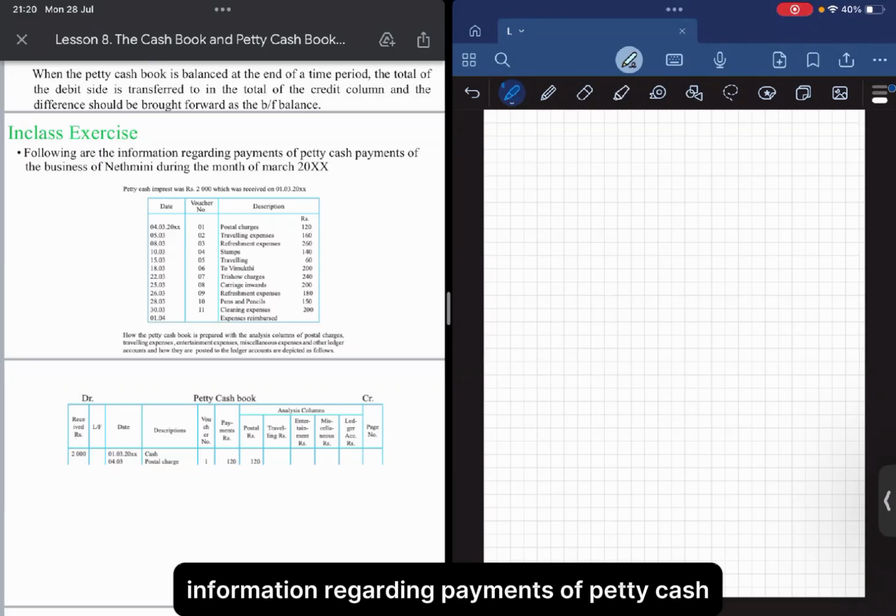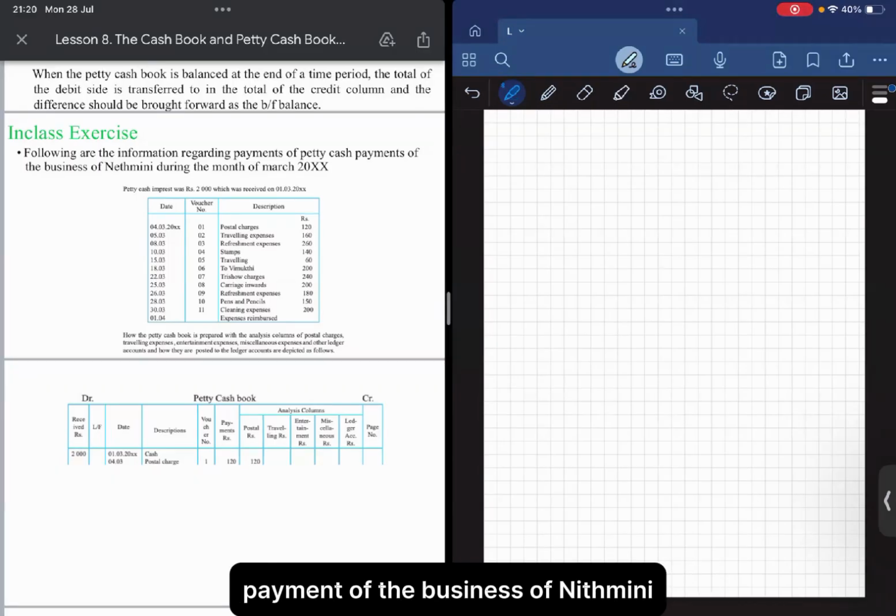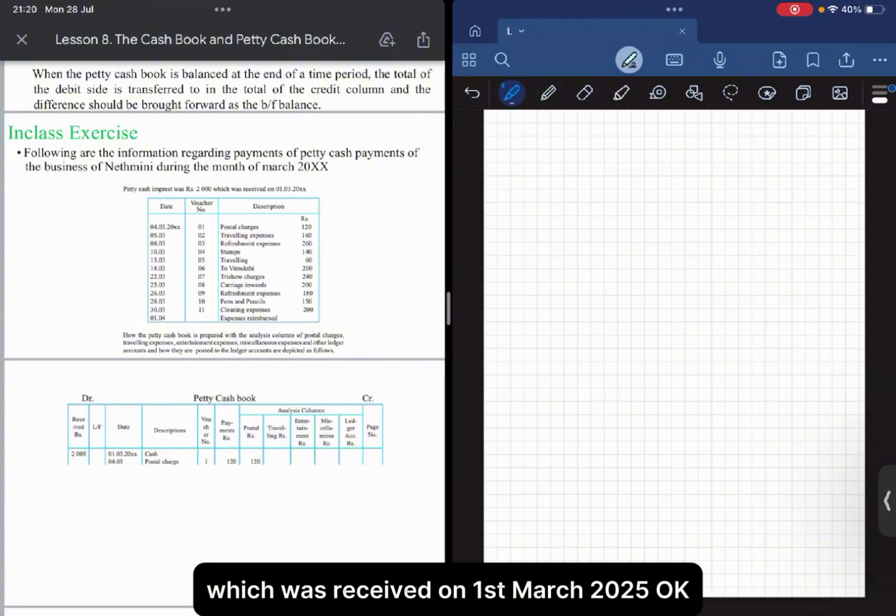Following is the information regarding petty cash payments of the business of NetMini during the month of March 2025. Petty cash imprest was rupees 20,000, which was received on 1st March 2025.